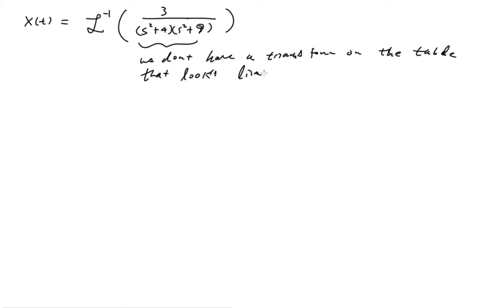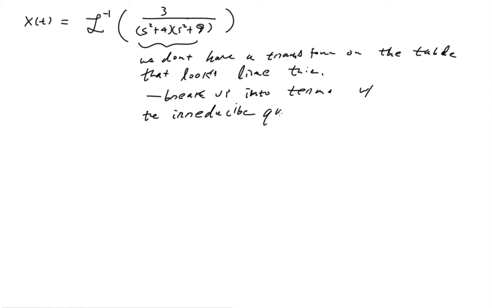But we can see here that if we actually break it up into terms, so what we're going to do is break it up into terms with the irreducible quadratics separated.